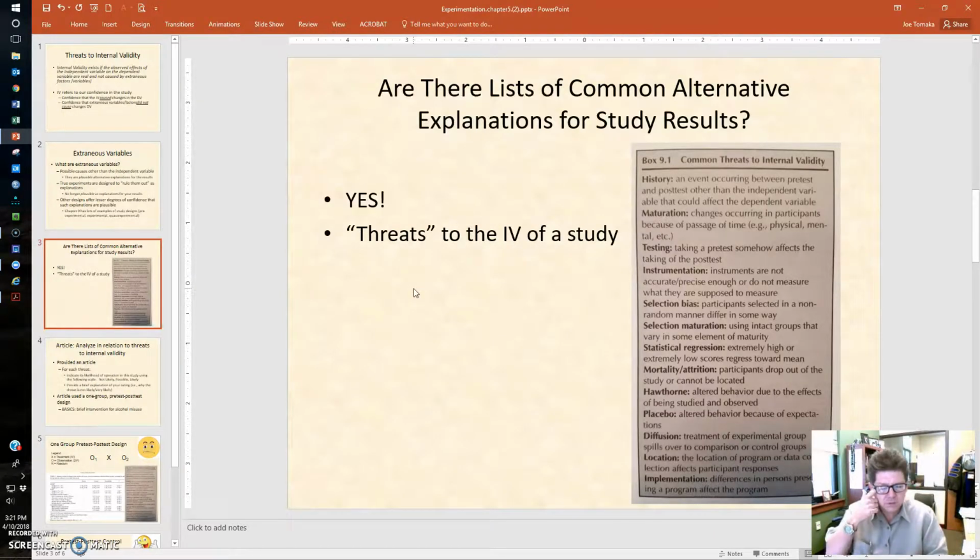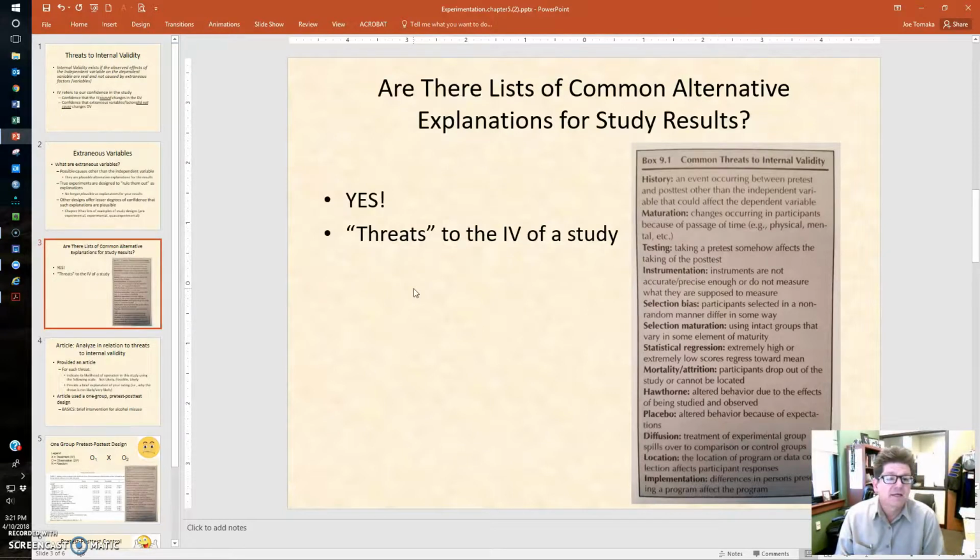In research, we call these threats, quote unquote, to the internal validity of a study. Box 9.1 provides one list of these threats, or one explanation of these threats. Some of them are very common across textbooks. Sometimes people expand on this list, but this is one very common list of common threats to internal validity.